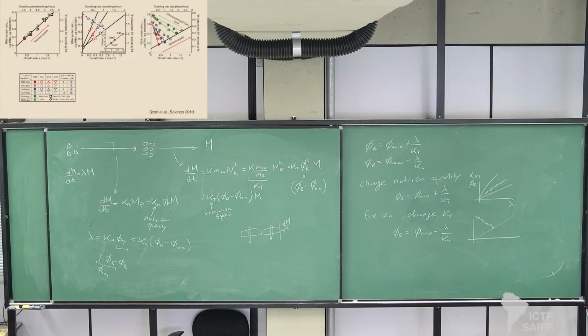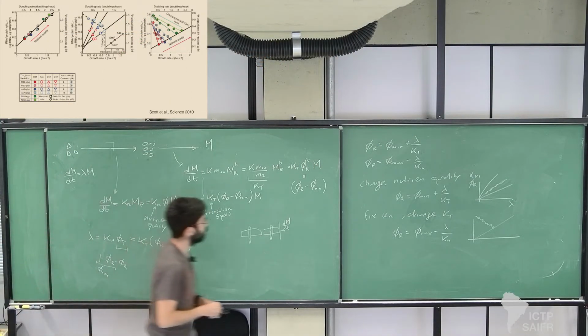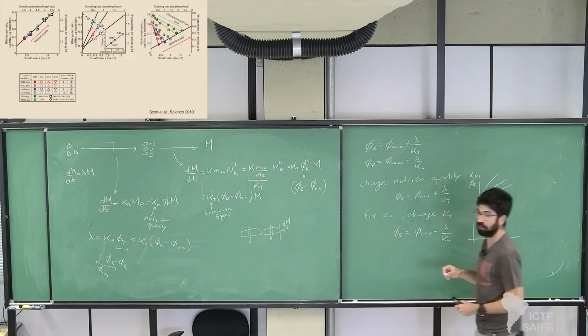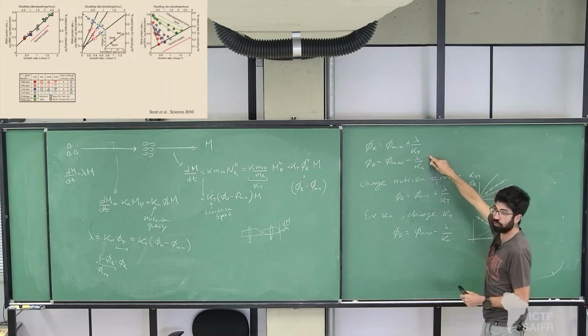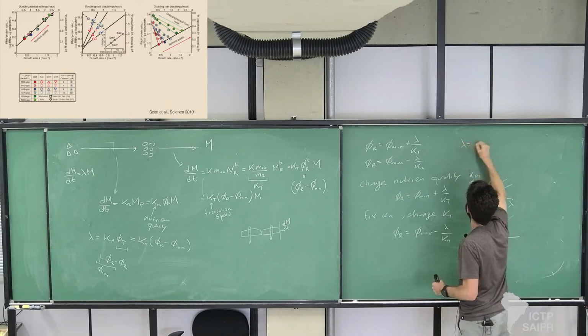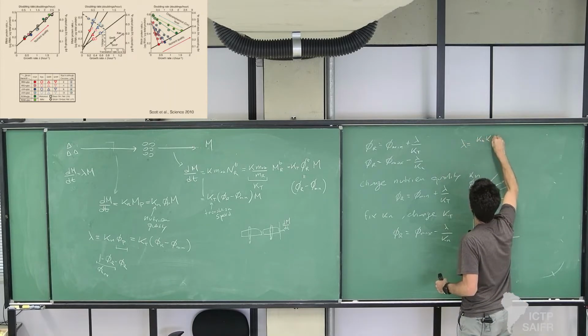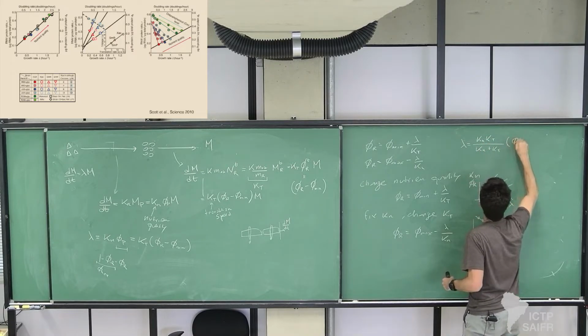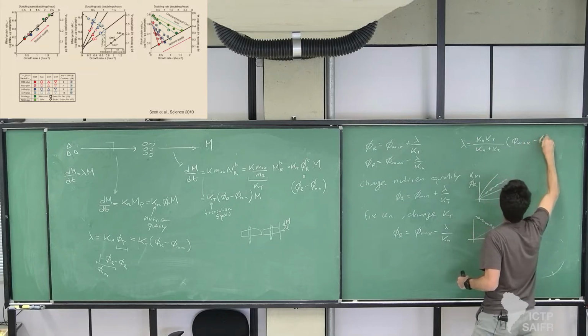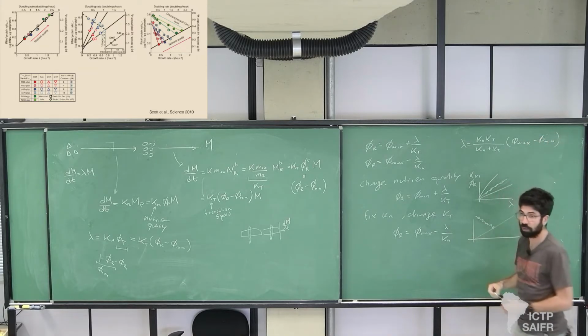Okay. Last thing. Now, if you solve for lambda, these two have to be equal, so you get a solution for lambda. You get that lambda is equal to Kn Kt over Kn plus Kt, times phi max minus phi min. Okay?